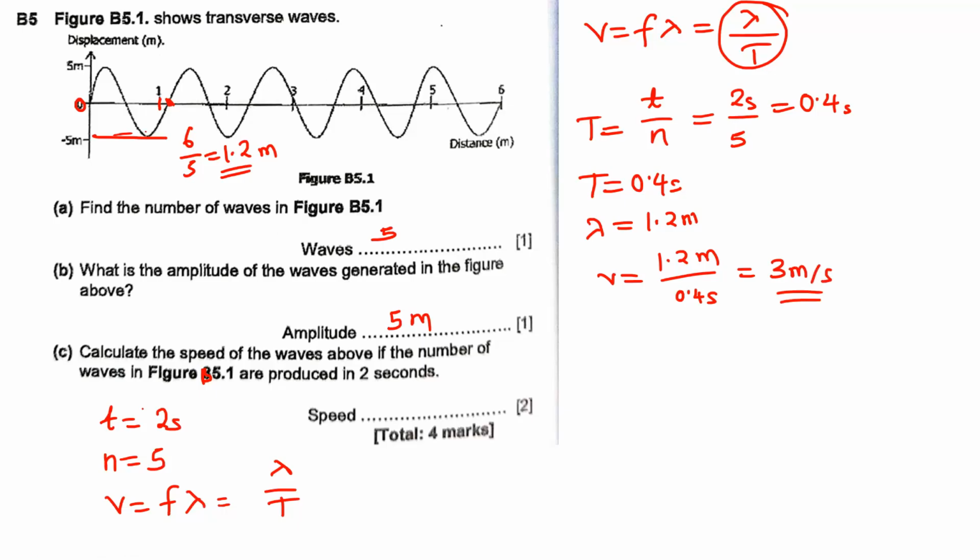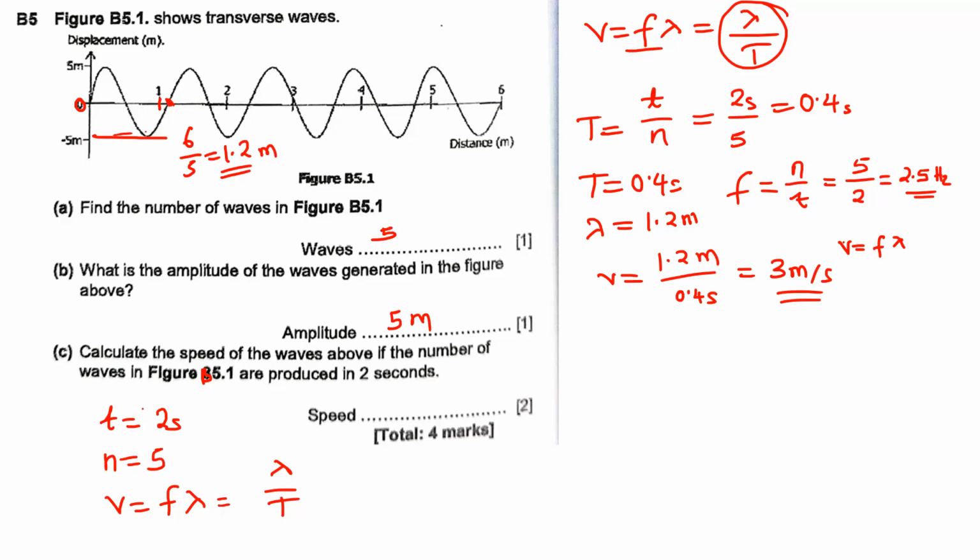Some of you might be asking, what if we had to use the first form? After finding the period, you convert it into frequency, where frequency is equal to number of waves divided by time. What is the number of waves? In this case, there are 5. Time is 2. So you are going to find frequency to be 2.5 hertz, or per second. Then speed is equal to frequency multiplied by wavelength.